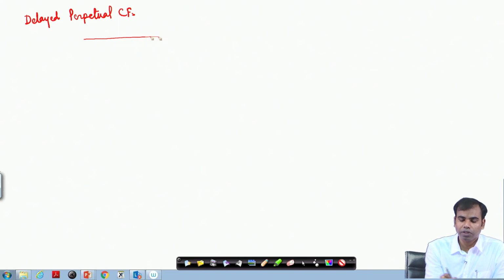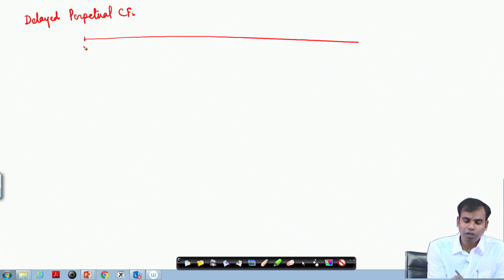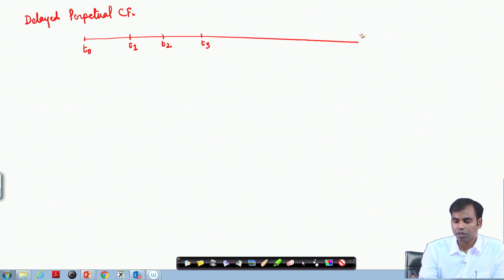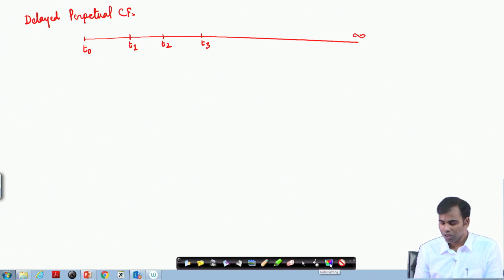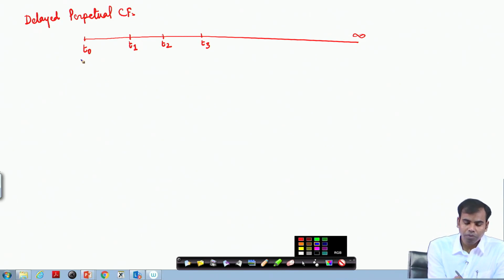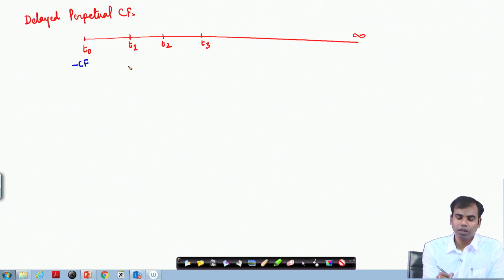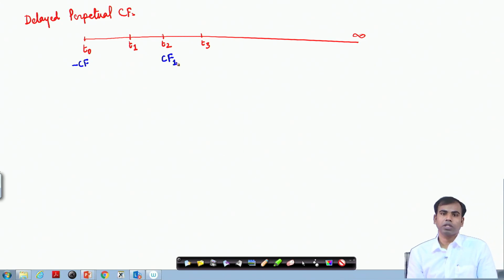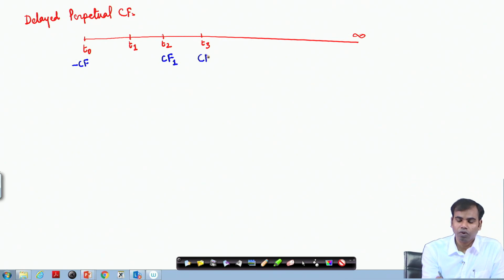If you have a timeline where you are investing some amount of money today and the returns are generated in future, the difference here is that the first amount of money you generate is not at time point T1, rather T2, which means this is your first cash flow and then the second cash flow and so on.